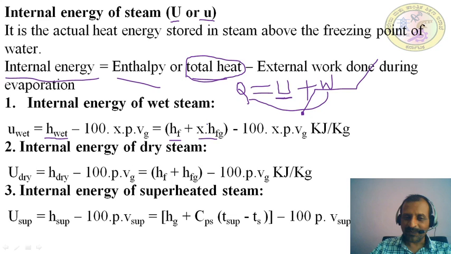Where you are using the steam as a working fluid in the engines, not only in the engines but turbines, nozzles, or boilers. In all these, you are using the steam as a working fluid.